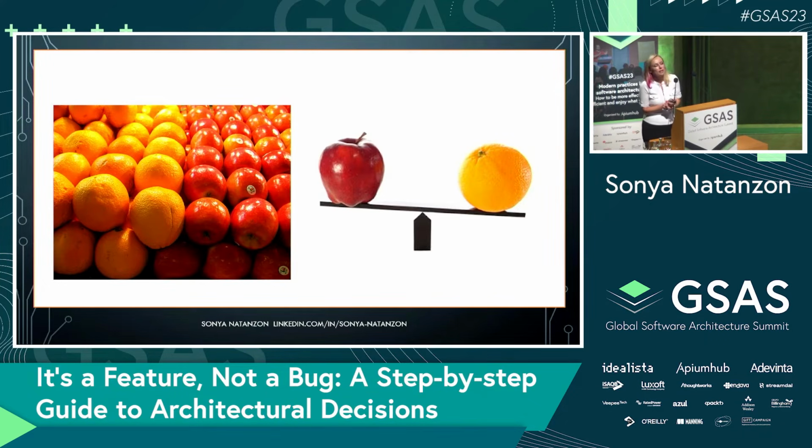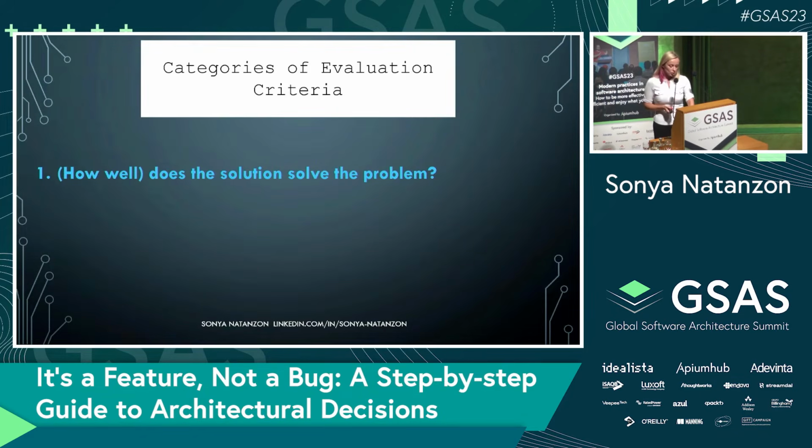So to avoid this type of apples to oranges comparison, we need to establish a criteria by which we're going to evaluate our solution. Usually that criteria falls into 3 categories. 1, how does it solve the problem? Or does it solve the problem? How well does it solve the problem?